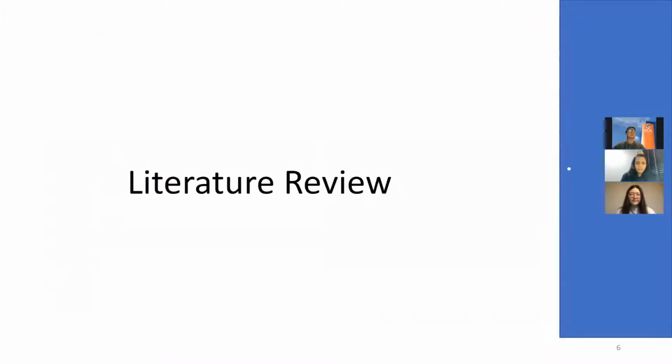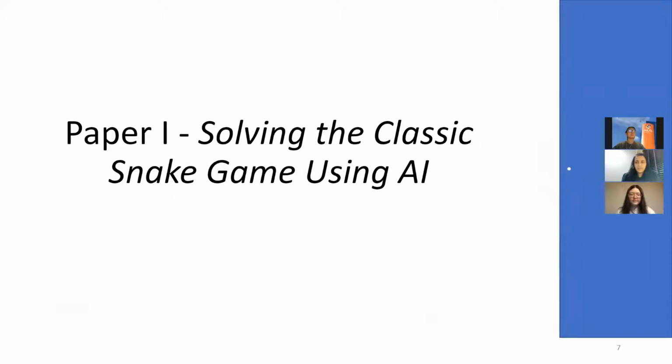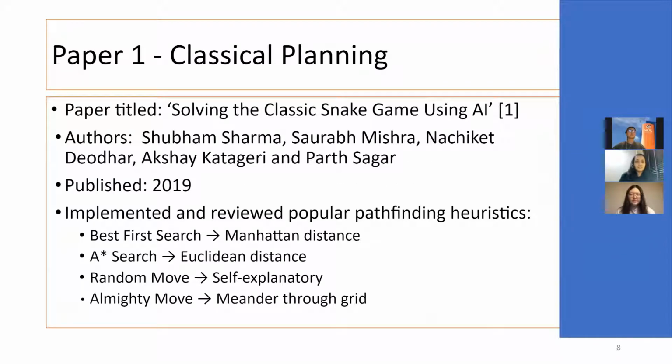Okay, moving on. So now we've come to the literature review section, and the very first paper is titled Solving the Classic Snake Game Using AI. So this was a paper that was published in 2019, and it explored several popular pathfinding or navigating algorithms, heuristics.